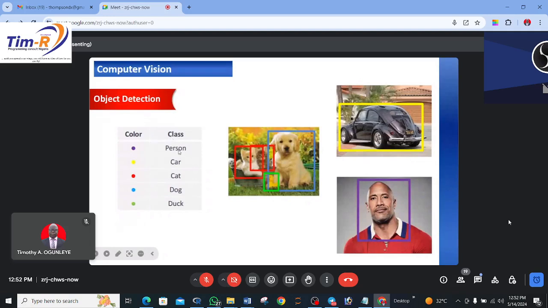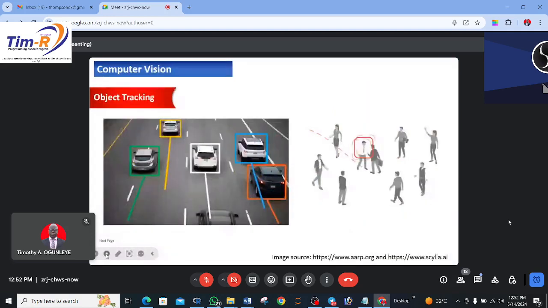For example, a purple color is used to identify a human being, a person, the yellow is for the car, the red is for the cat, the light blue is for the dog, and the light green is for the dog. So which is being shown here. So all this is what object detection is about: to detect if an object is in a picture or in a video. So that's one thing.